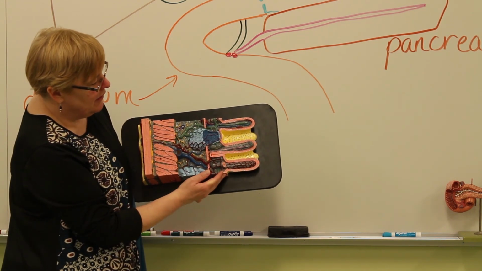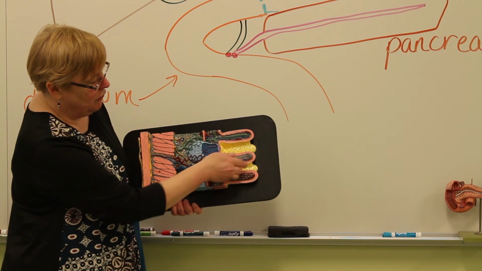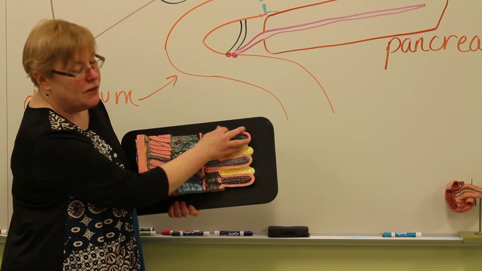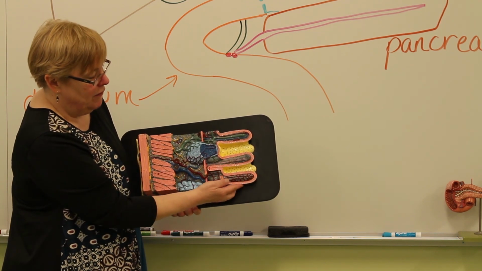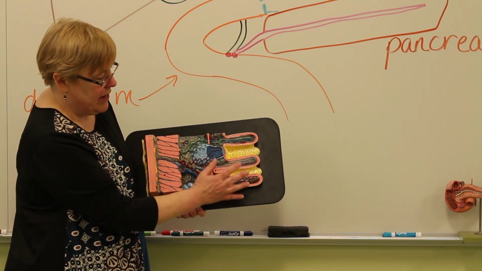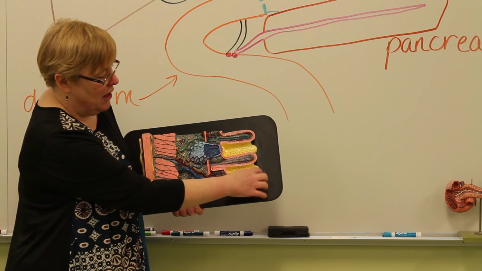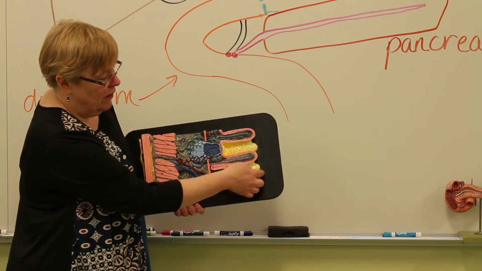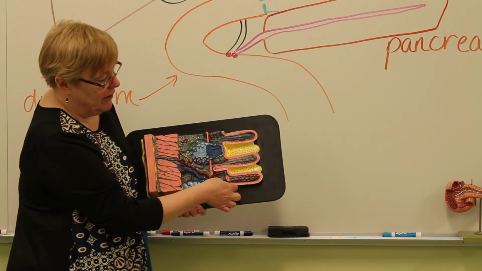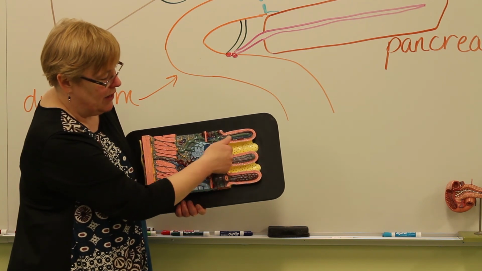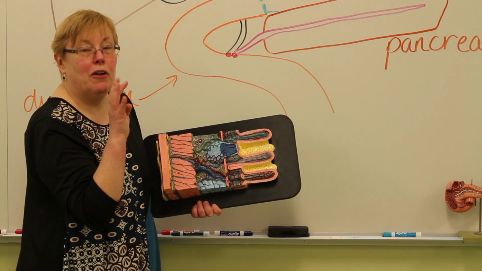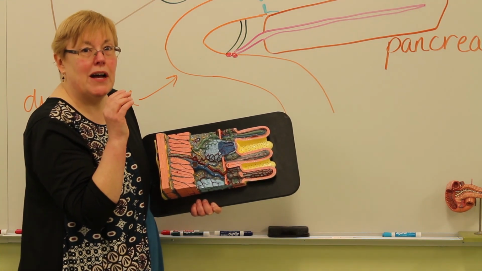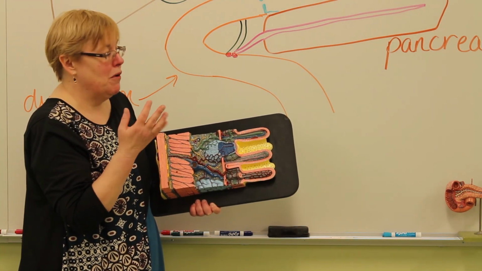You can see the mucosal surface has been altered to have more surface area through the addition of these villi. You can't see it on this model, but the individual simple columnar epithelial cells that cover each of these villi also have little extensions of their plasma membrane, which are referred to as microvilli.